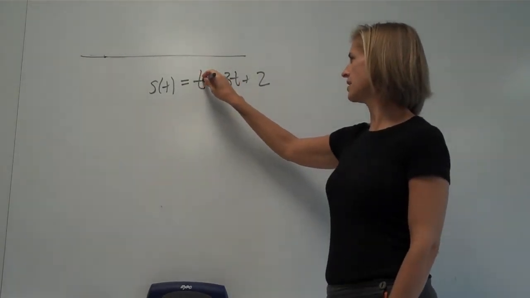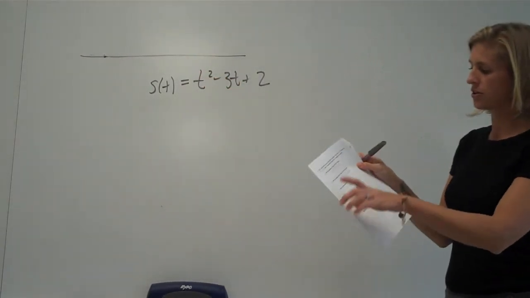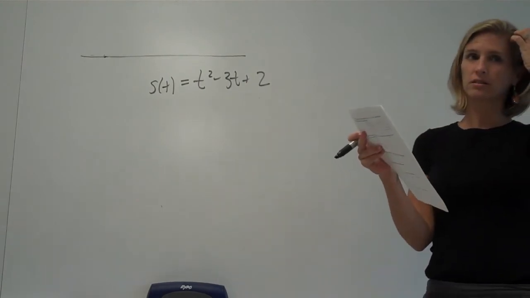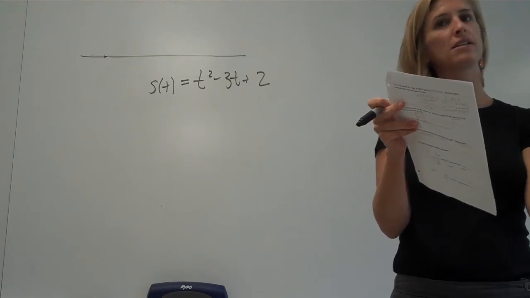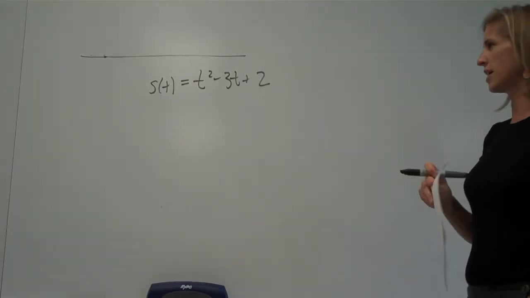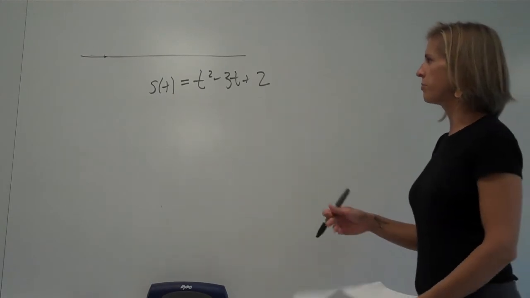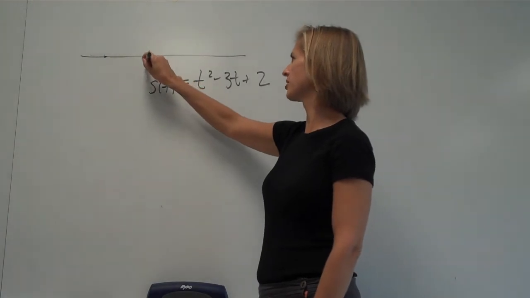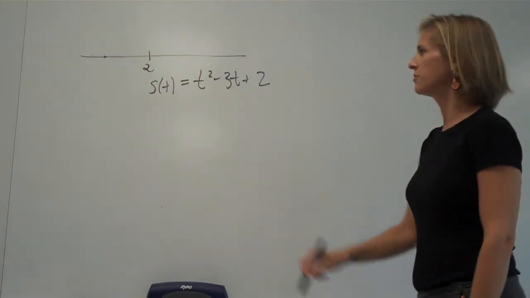But if t is measured in time, and this is only good for when time is greater than or equal to 0, how can I find out where I do start? T equals 0. Yeah, I could just plug in t equals 0. That would at least tell me where I start. Not that I need that, but sometimes it's good just to get an idea of what's going on. So if I plug in 0, where does this thing start? At 2. So who really cares? But whatever. It starts at 2. Gives me an idea anyway.